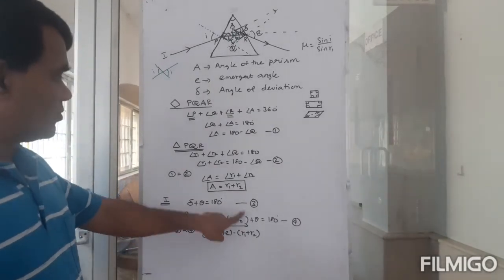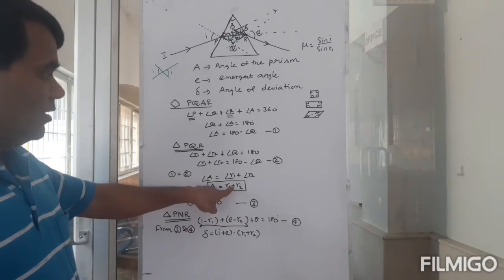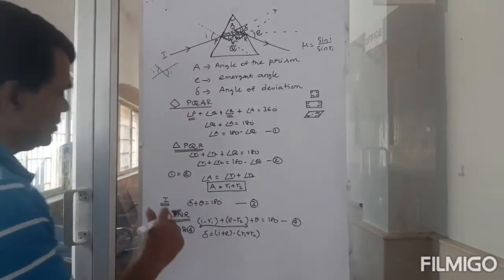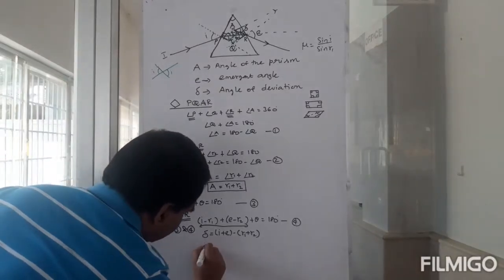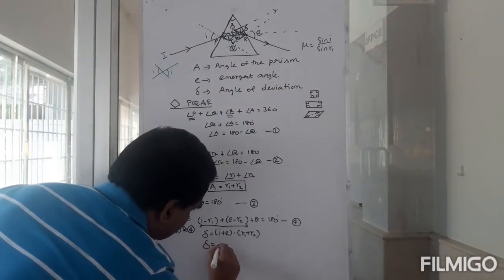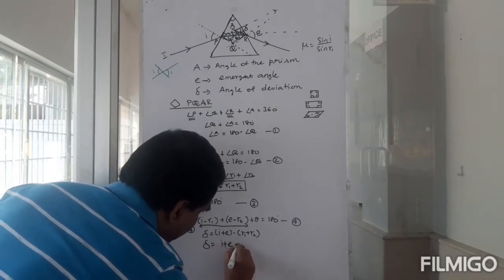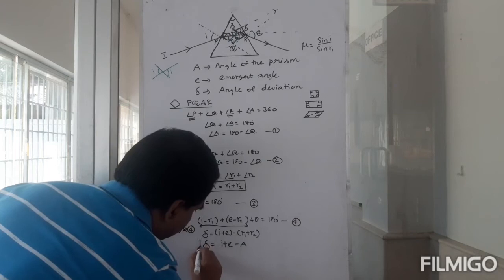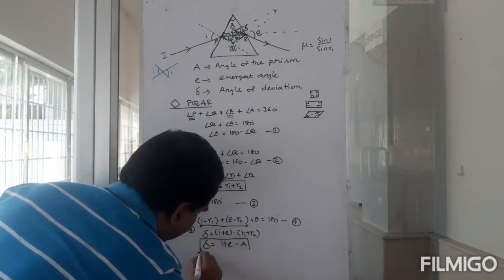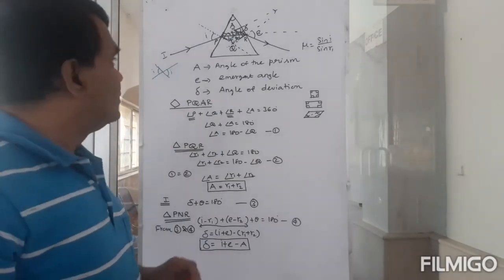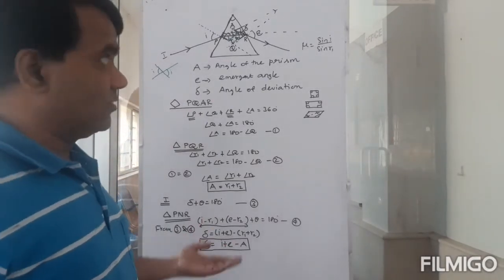Well, what is R1 plus R2? Look here, R1 plus R2 is actually A, the angle of the prism. So delta is equal to I plus E minus A. These angles you can measure.